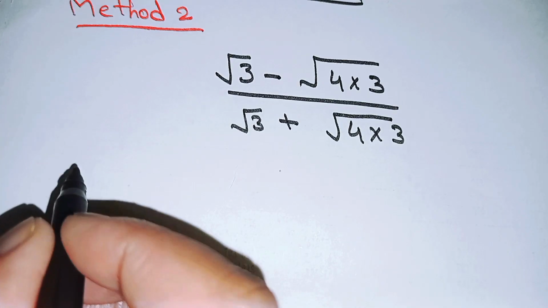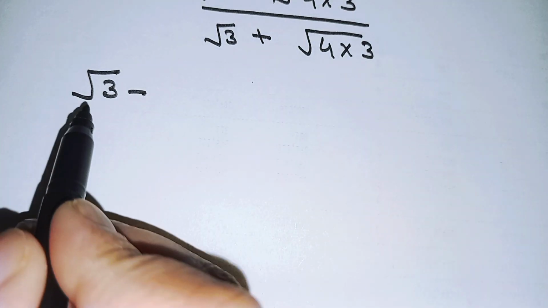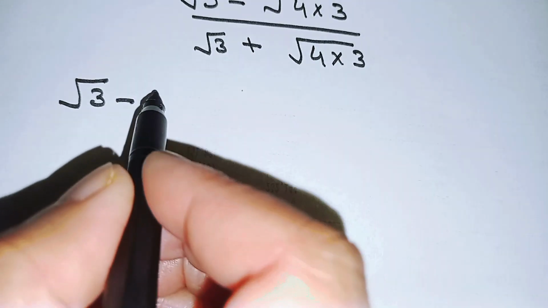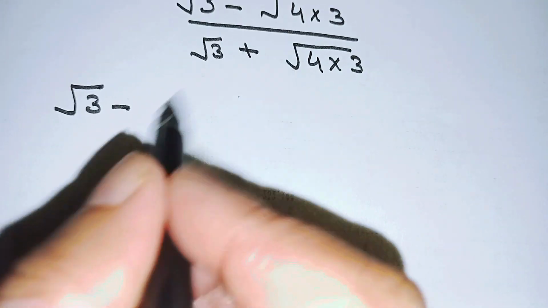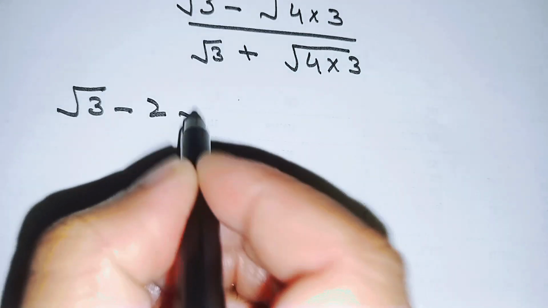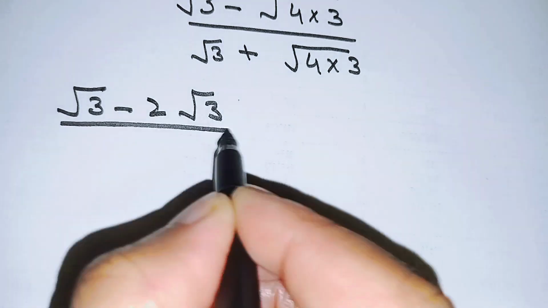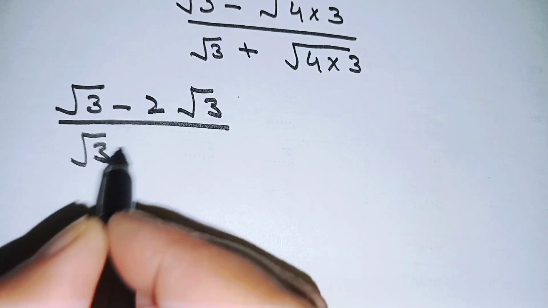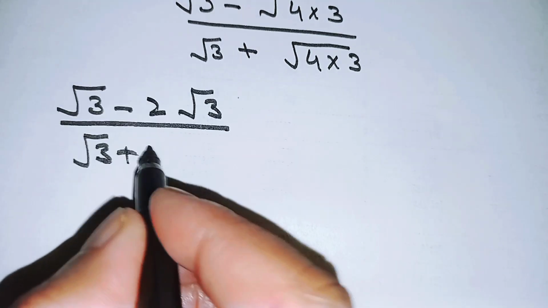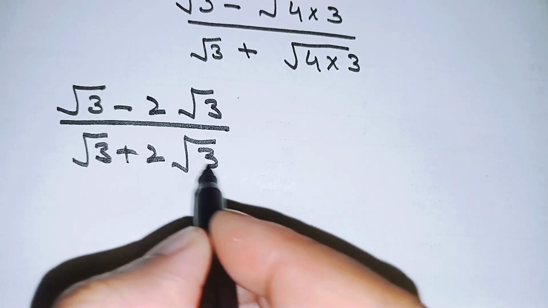Now the square root of 3 minus the square root of 4 times 3 can be written as 2 times the square root of 3, over the square root of 3 plus 2 times the square root of 3.